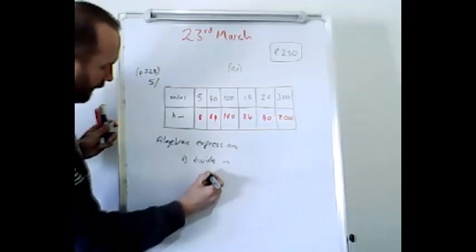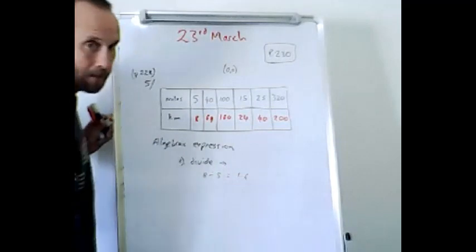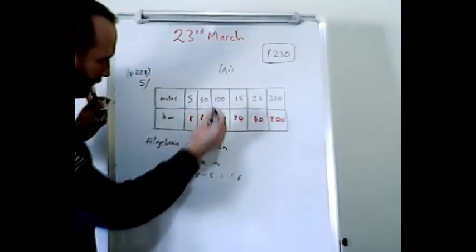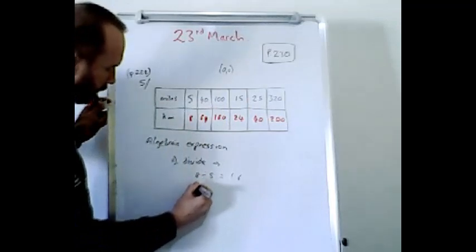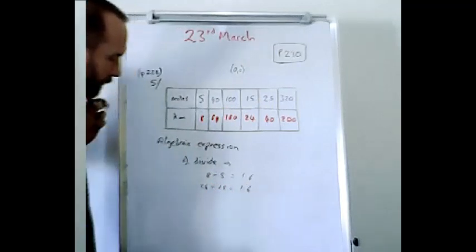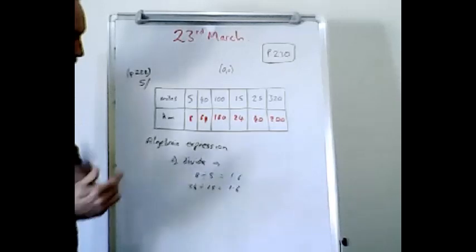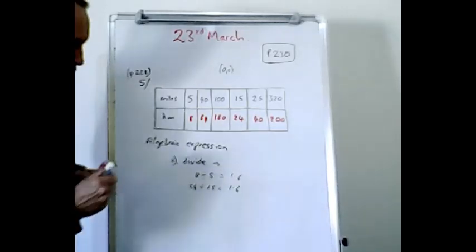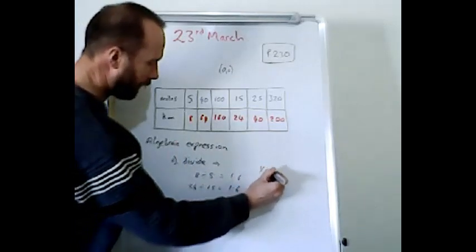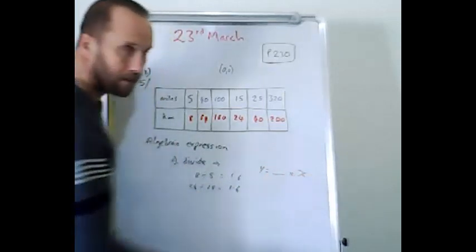So you've got 8 divided by 5 equals 1.6. And we know that's right because any of these gives the same answer. 24 divided by 15 equals 1.6. Now the thing with a direct proportion, anything can be written down in a formula of y equals something times x.